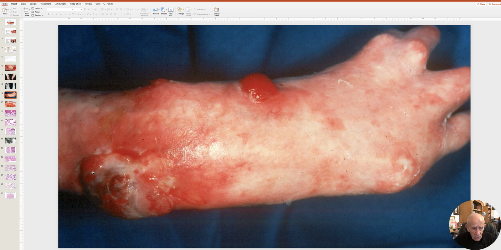I don't know whether this is one tumor or tumors coalescing, but it's a huge thing anyway. And there's another one there, and another one there. And you can see the background scarring and notice the autoamputation.